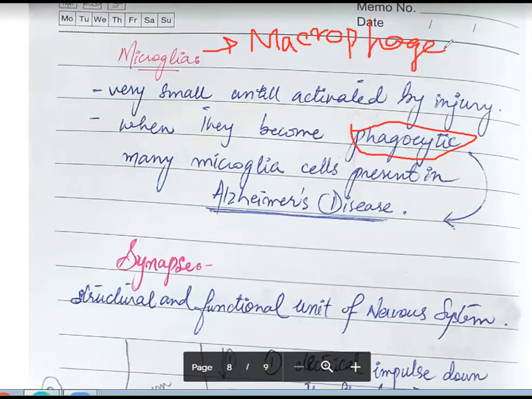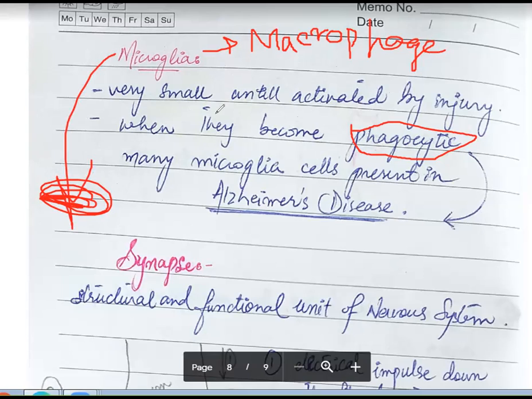Okay, they proliferate when there is a neuronal injury, and then they serve as scavengers. They eat up all the cellular debris that is remaining. The brain is injured, there is now debris in the brain, so all that cellular debris is being eaten up by these scavengers, which are microglia. They are the macrophages of the brain.